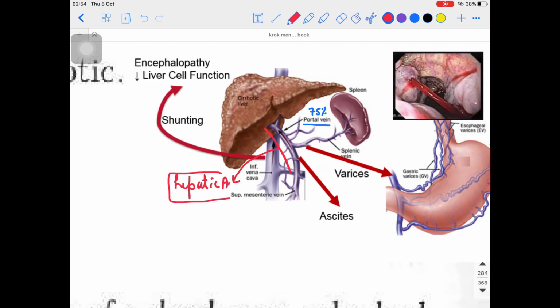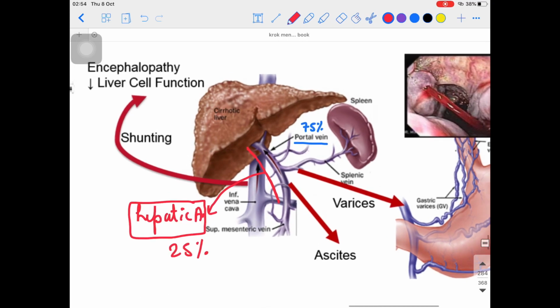This hepatic artery is also giving blood supply to the liver. How much? That is 25%. So 25% of the blood is supplied by the hepatic artery and 75% by the portal vein. Now, if your liver is working fine, as for you people, and in my case, we hope, the liver will happily accept this blood supply.